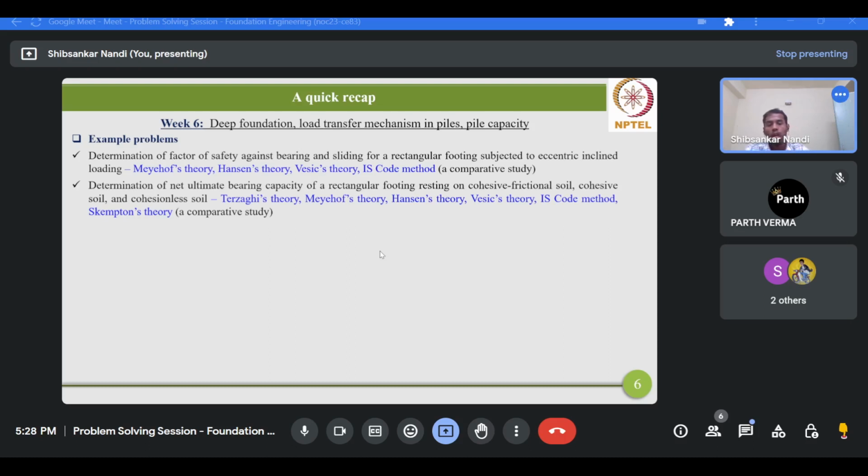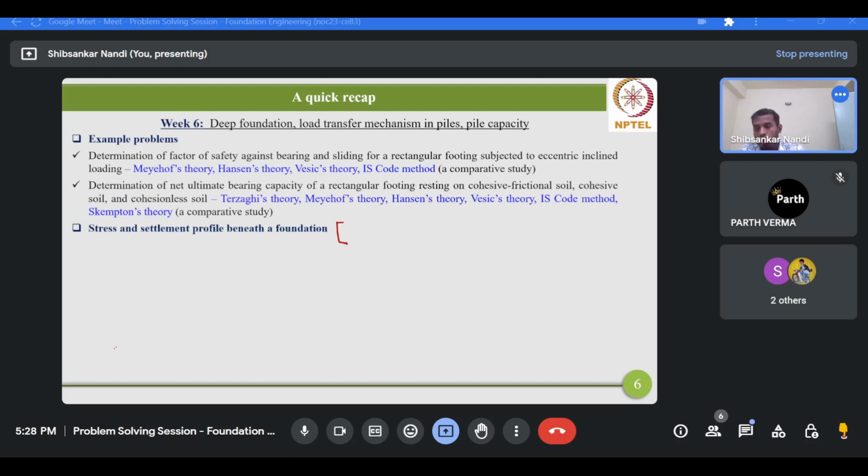Now, after solving these two problems, we have seen the stress and settlement profile beneath the foundation. This profile we have seen for two scenarios, considering the rigidity of the footing or foundation and considering the type of soil.